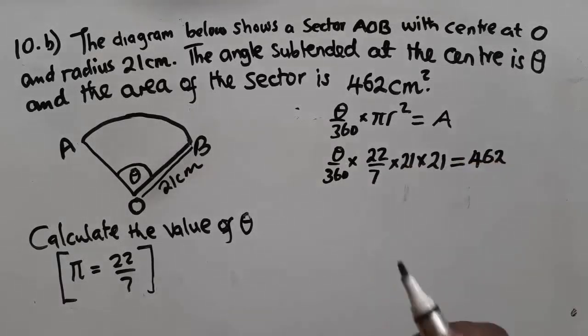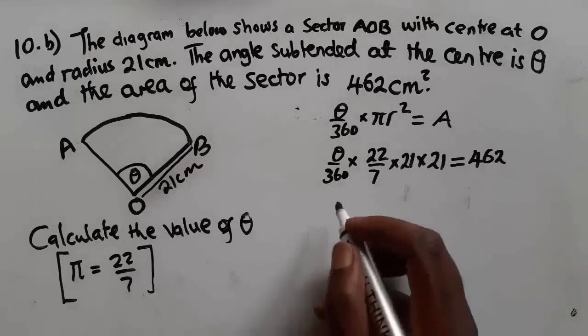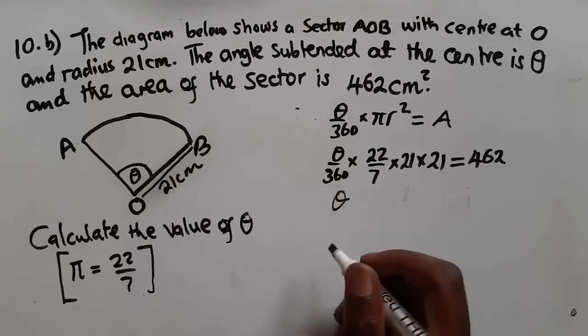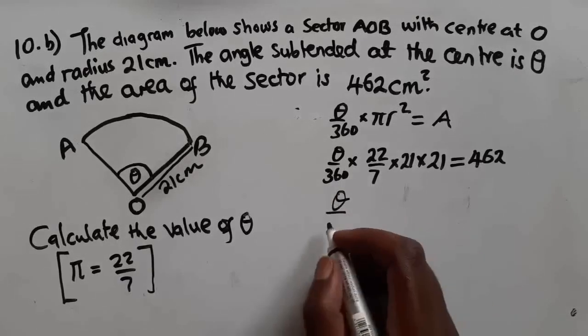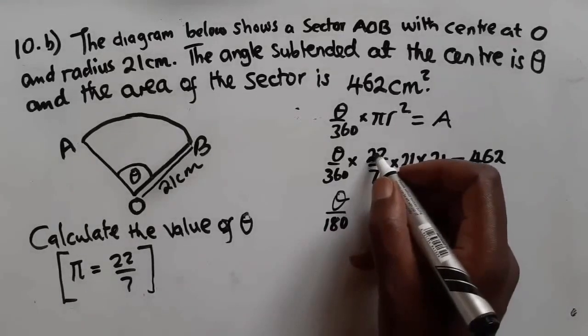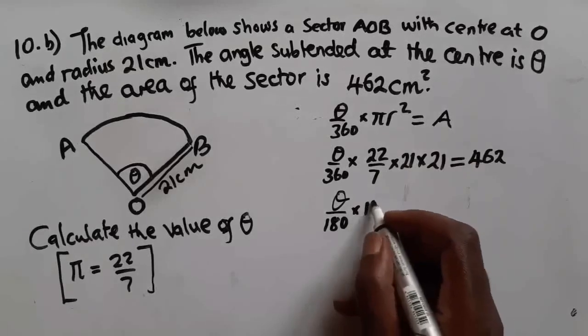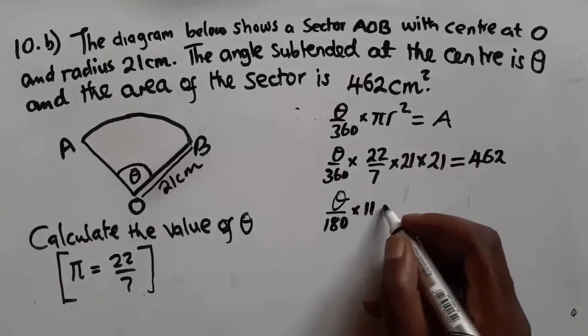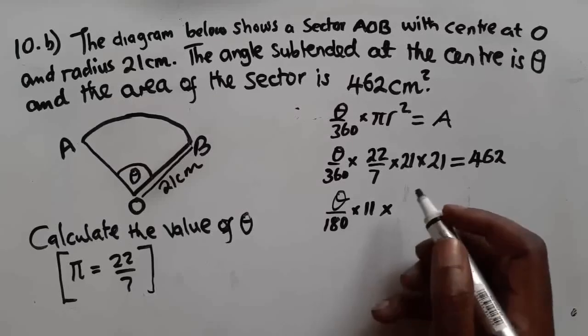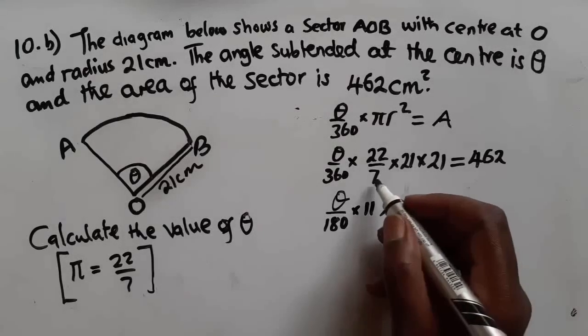Remember, this is paper 1 where you do not have a calculator. So now we say theta, 2 into 360, it's 180. 2 into 22 here, it will be 11. 7 into 7, it's 1. So there will be 1 here, which becomes irrelevant.